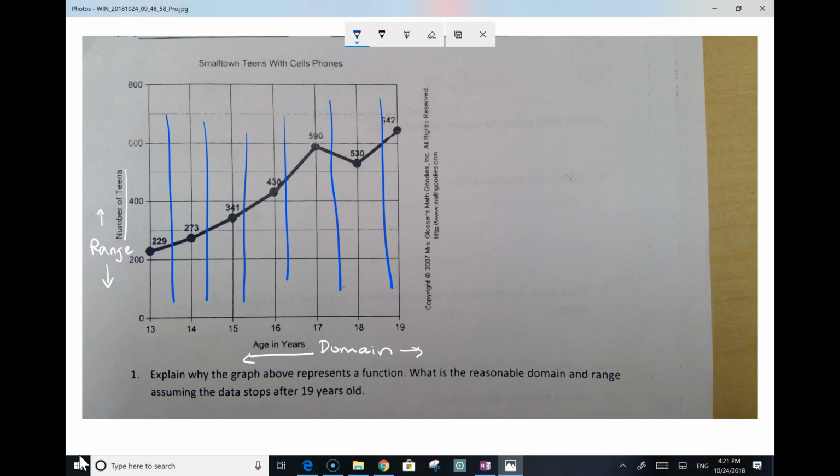With each vertical line that I drew, you can see that there's an intersection at exactly one point along this graph. Every time I drew a blue vertical line, it intersected the black graph only one time.